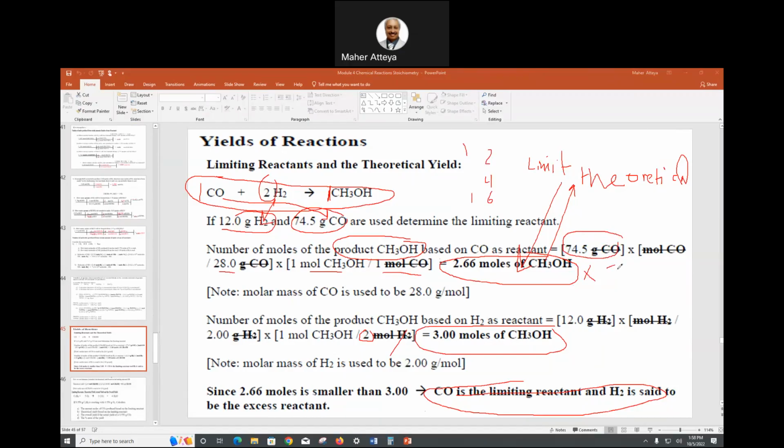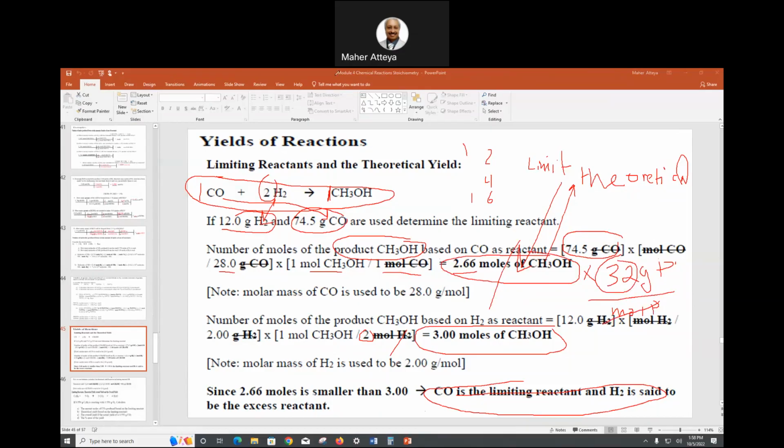So I multiply this by 32 grams of the product per mole of the product, so the moles cancel out, and then you multiply this number of moles by the 32 grams from the molar mass of the product, and you get the number of grams.